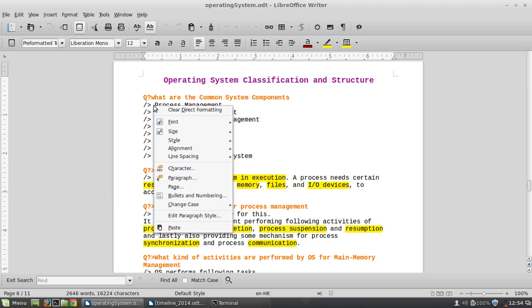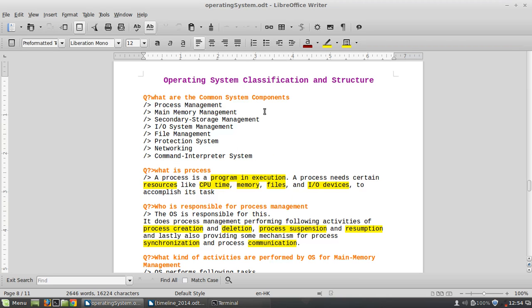We will be dealing with each component part by part.